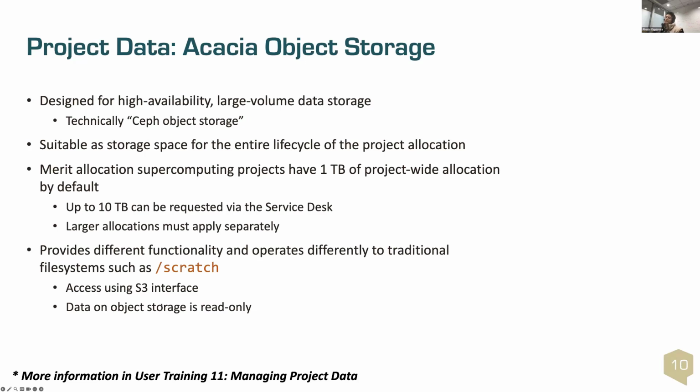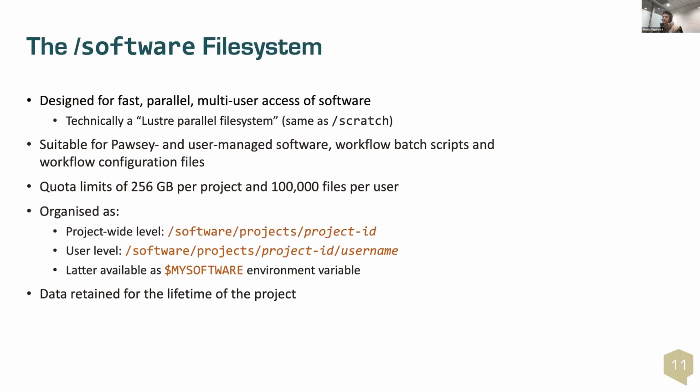It's different from Scratch, and it's different from any file system that I knew before. So it is completely different. For the object storage, there is a whole presentation. You need to understand how different it is and how to retrieve data from there and put data there. But anyway, it's important at this point to know that that is the place where you store your data for more permanent use.